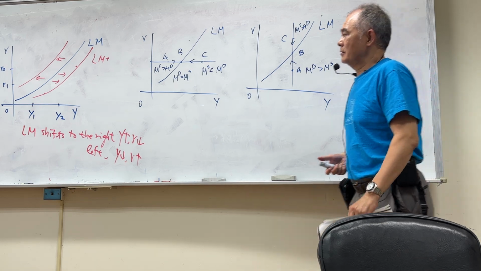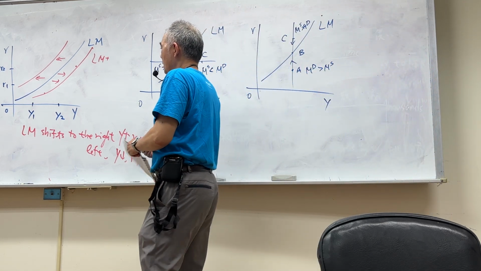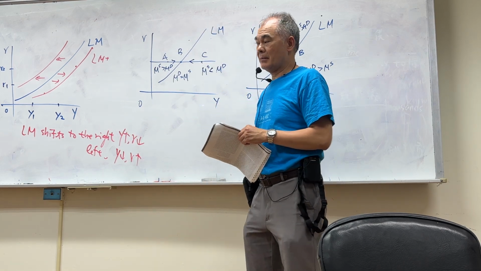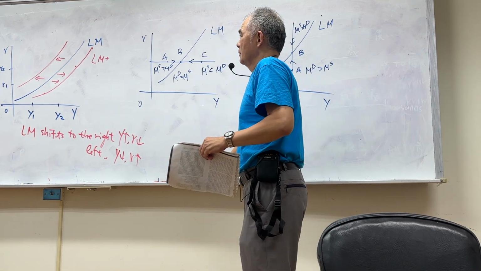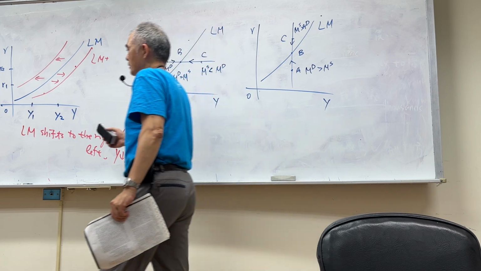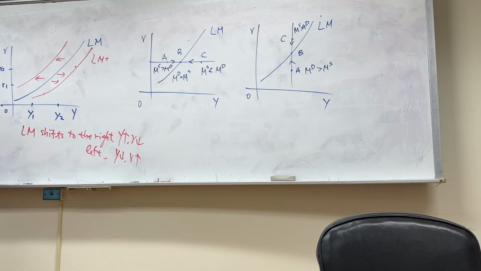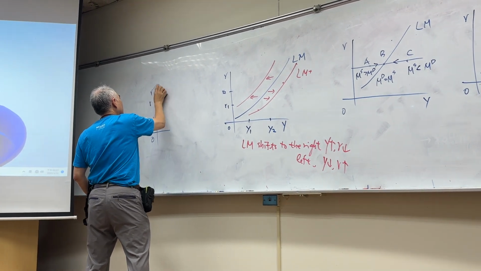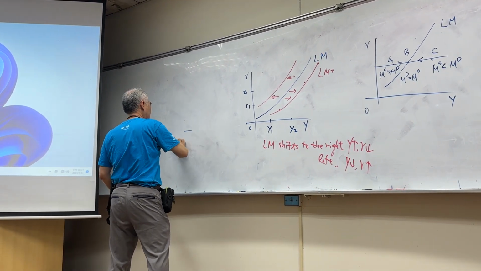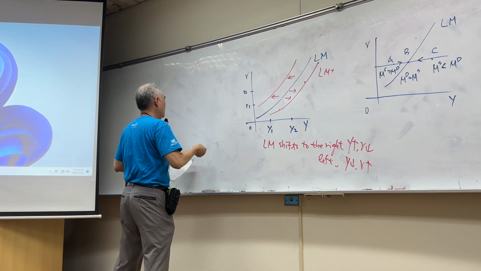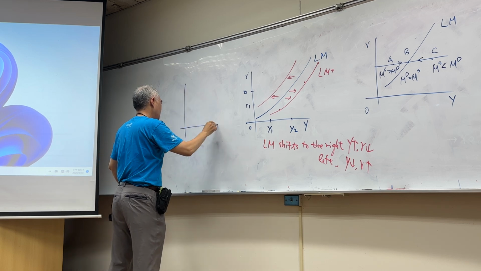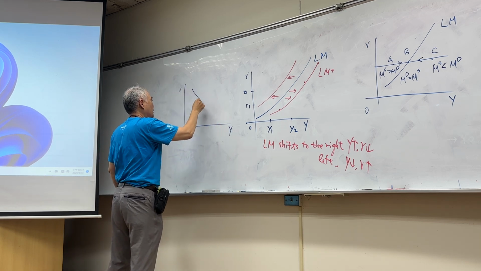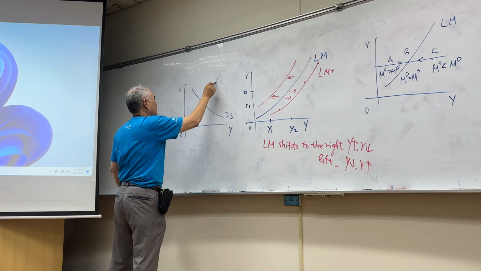Okay, the same thing. Now we have IS and LM. So what happened? Let me erase this part. Then you have Y, you have R, and then you have IS and you have LM.